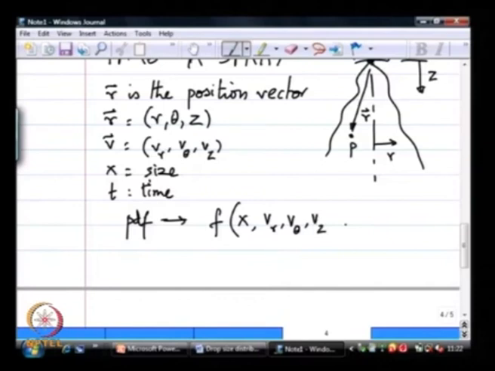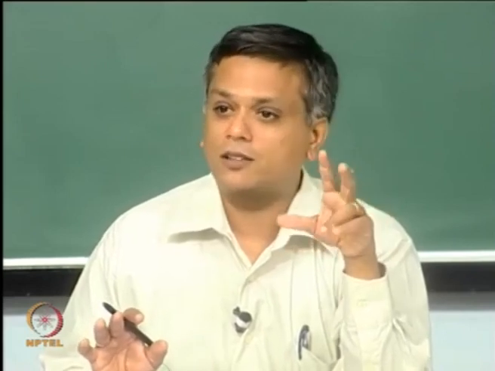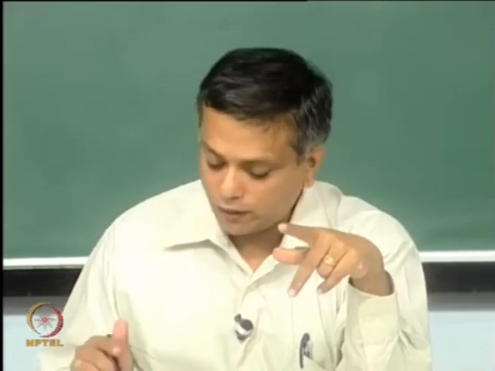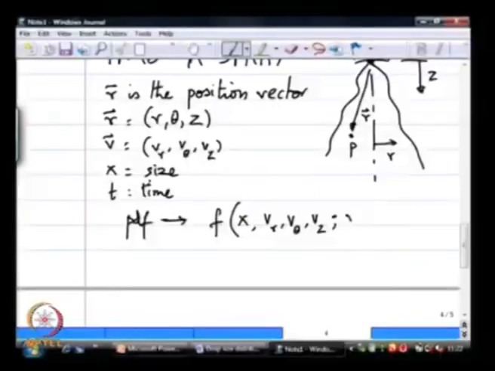These are the arguments of the probability density function. If I integrate it appropriately over these 4 independent coordinates, the space in which the spray is characterized is this x, v r, v theta, v z space, and the physical space is r, theta, z and time.